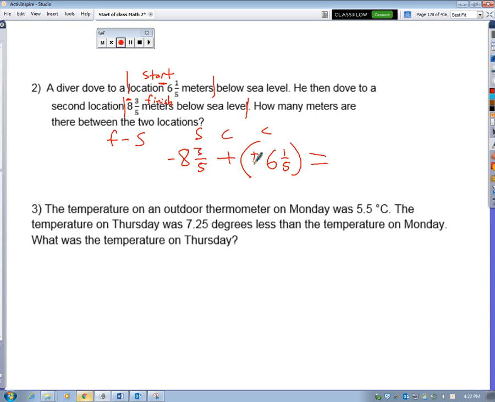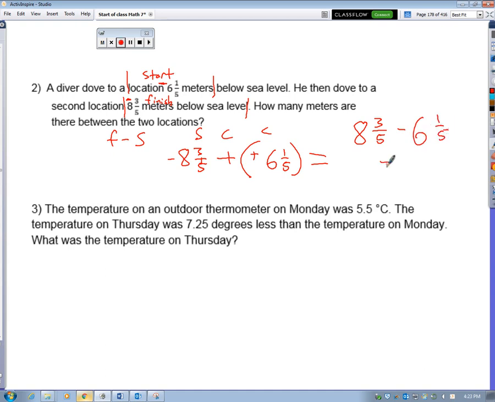There we go. Now we have negative 8 3/5 plus positive 6 1/5. That means we have to subtract those two. I'm going to start with my bigger fraction, 8 3/5, and take away 6 1/5.